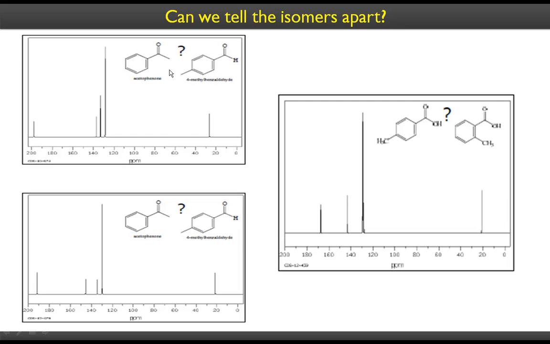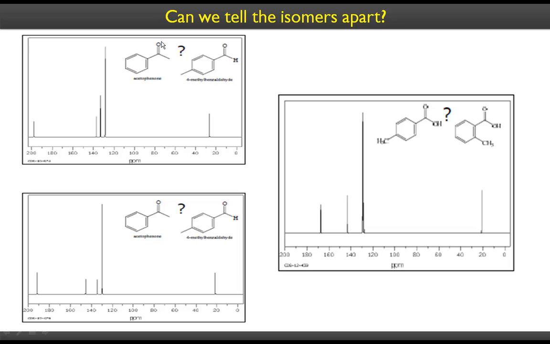For example, in this case, you have a carbonyl which is a ketone, and you have an aldehyde. Both of them have the same molecular formula. They are isomers, called constitutional isomers, and each one of them would be different, at least in their carbonyl region and aliphatic region, because this has an aliphatic methyl and this has an aliphatic methyl, but this methyl is attached to an sp2 carbon, so the chemical shift should be a little different for these two methyls.